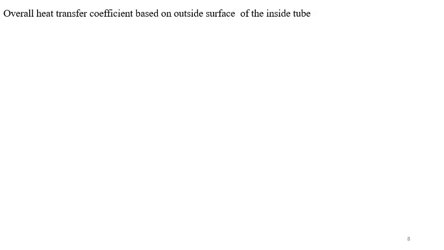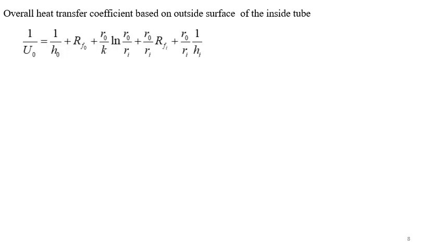To calculate the overall heat transfer coefficient based on the outside of the inner tube, we can refer to the data handbook for this relation. It is given in the data handbook, page number 157. So 1 by U naught is equal to 1 by H naught plus RF naught plus R naught by K into ln R naught by Ri plus R naught by Ri into RFi plus R naught by Ri into 1 by Hi.